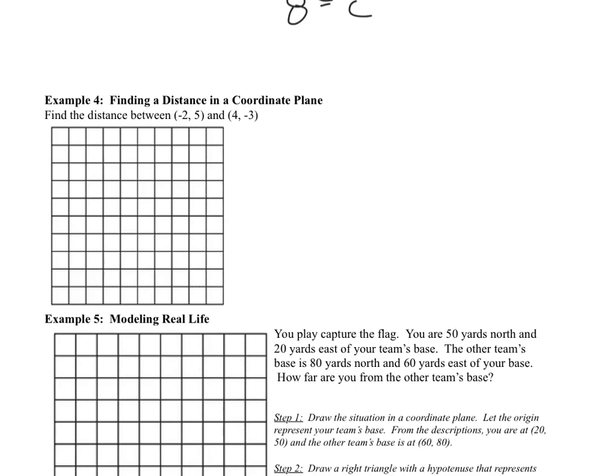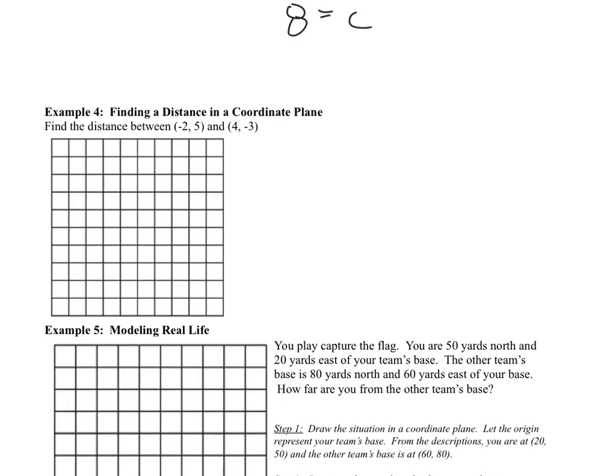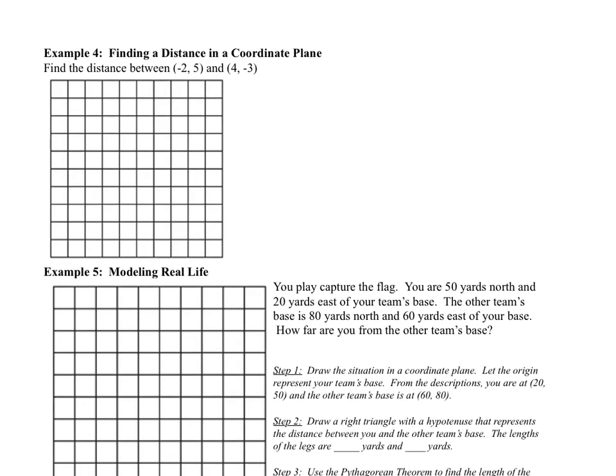So the next thing that we can do with this Pythagorean theorem is we can help find the distance between two different points on a coordinate plane. So here I'm going to first draw my coordinate plane. And say -2, 1, 2, 3, 4, there's -2, 5.